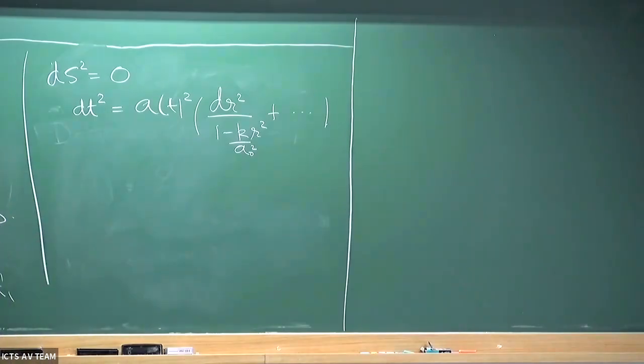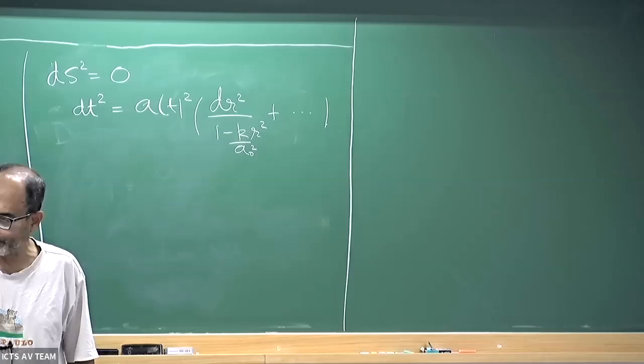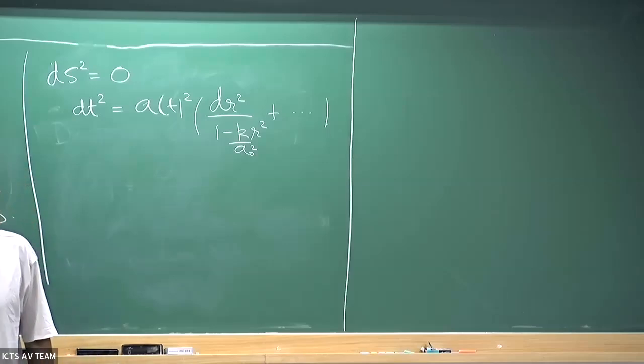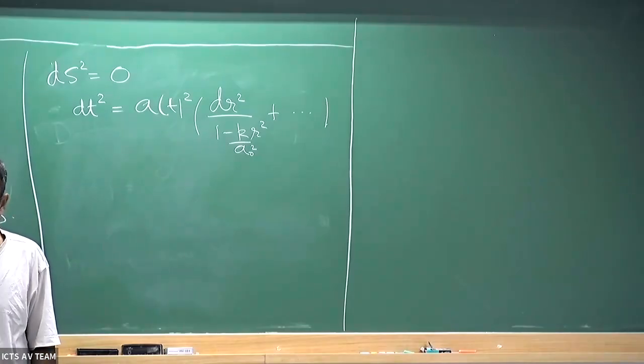But then you see that from A, there is a line of sight, fixed theta naught, phi naught, that is B. And you are saying the light comes not from that direction, but some other direction. Suppose the ray is not coming from the theta naught, phi naught direction, but some other direction.